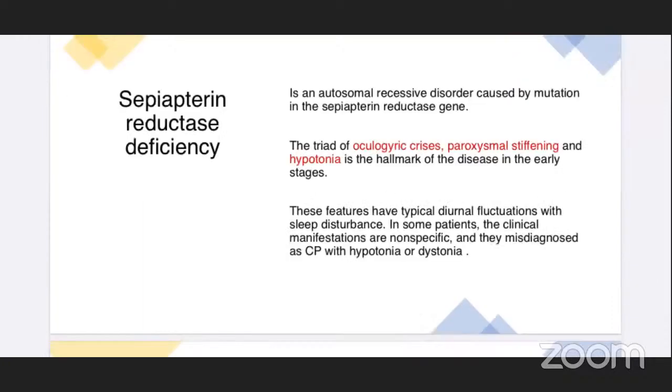Sepiapterin reductase deficiency is an autosomal recessive disorder caused by a mutation in the sepiapterin reductase gene. The triad for this condition is oculogyric crisis, paroxysmal stiffening, and hypotonia. Those are the hallmarks of this disease. It has typical diurnal fluctuation with sleep patterns. In some patients, the clinical manifestations are non-specific, and they have been misdiagnosed with cerebral palsy, hypotonic or dystonic cerebral palsy.